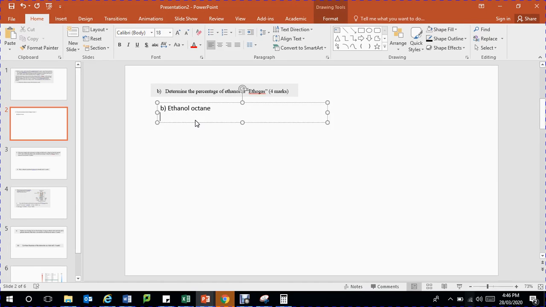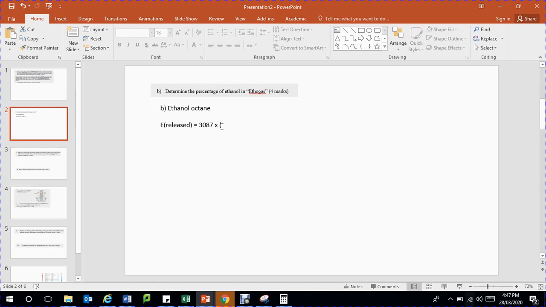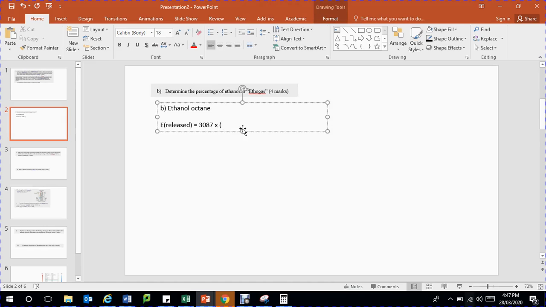If we multiply our calibration factor by the change in temperature, and if we go back to this slide here, the change in temperature when they combusted the fuel was from 15.5 to 90.17. So that's our change in temperature when the fuel was combusted. So we'll do 90.17 minus 15.50.